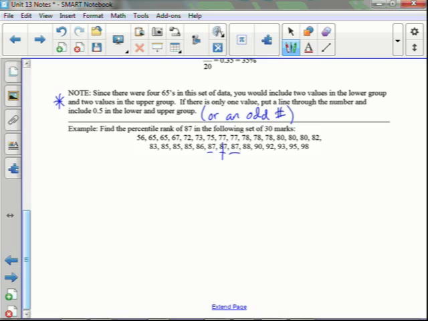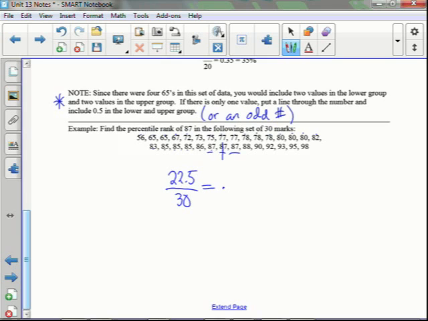So now we go ahead and we count how many are below 87. 1, 2, 3, 4, 5, 6, 7, 8, 9, 10, 11, 12, 13, 14, 15, 16, 17, 18, 19, 20, 21, 22 and a half. So this is going to be 22.5 divided by the total, which is 30.